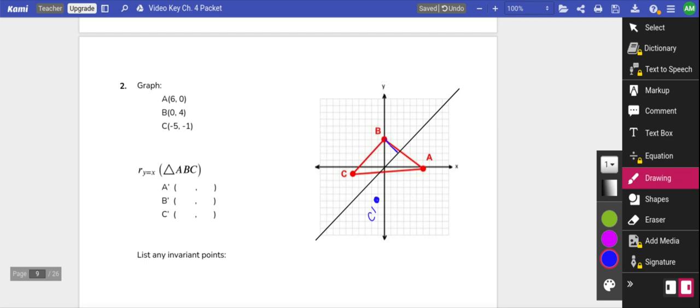So 1, 2 to the line and another 1, 2 to the new spot of point B or B prime. And then I'm going to follow the same method for point A. 1, 2, 3 to the line, 1, 2, 3 to its new location, A prime.